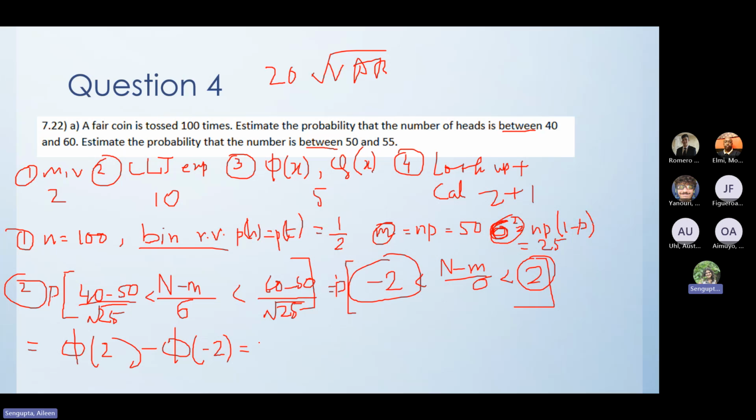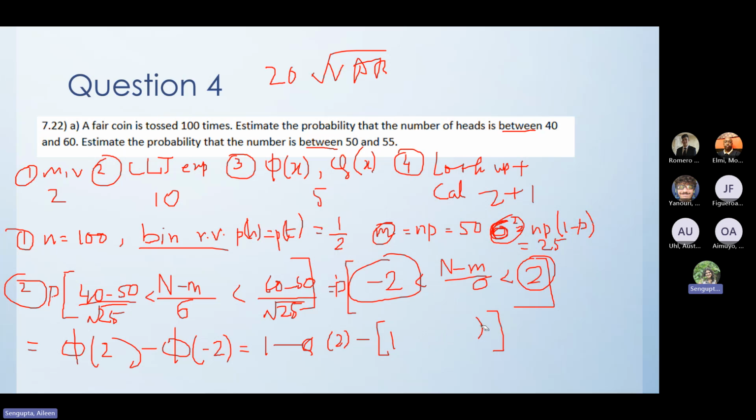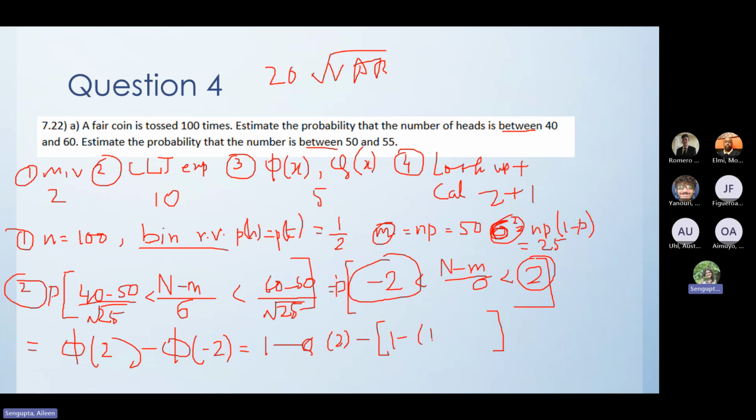So phi of 2 is 1 minus Q of 2, right? Now this one is already 1 minus Q of 2, right? But this is Q of minus 2, right? So instead of Q of minus 2, what we can write is 1 minus Q of 2, right?